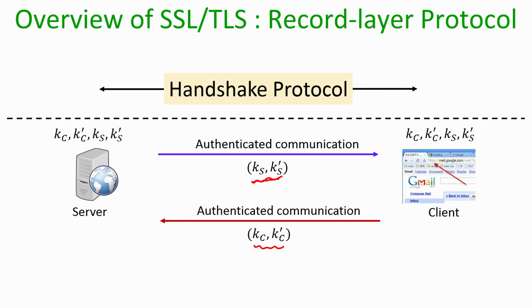We have a dedicated pair of keys whenever the server wants to communicate to the client, and a dedicated pair of keys whenever the client wants to communicate to the server. And now you can see that for doing the actual communication between the client and the server, we are using a completely symmetric key encryption process.